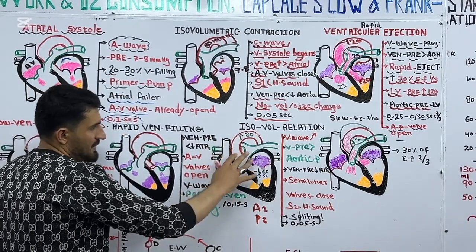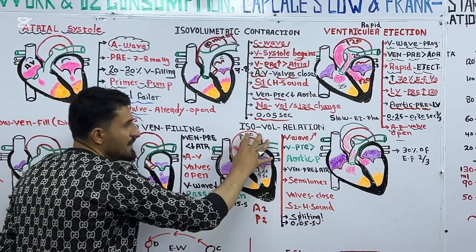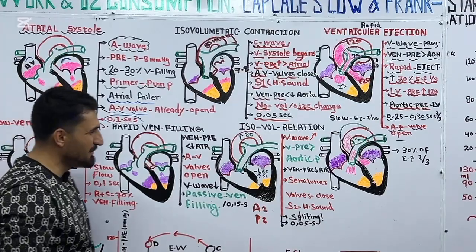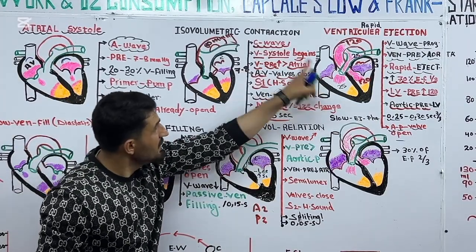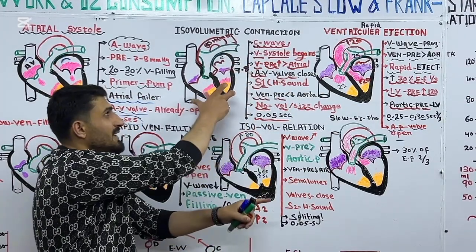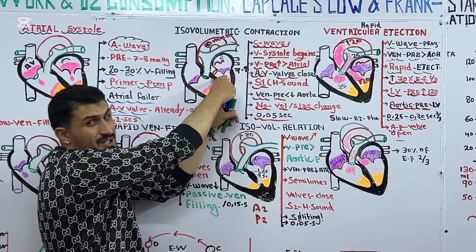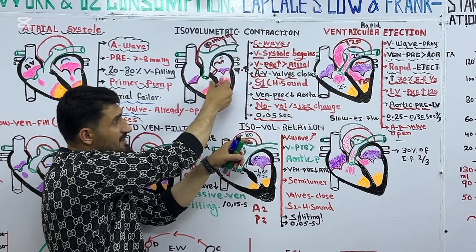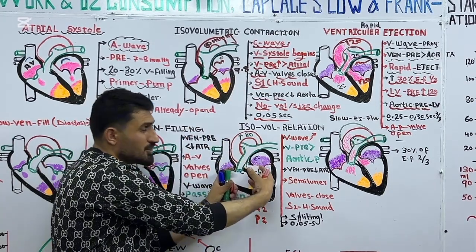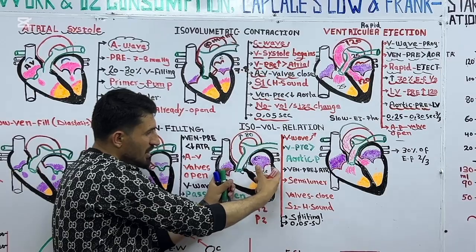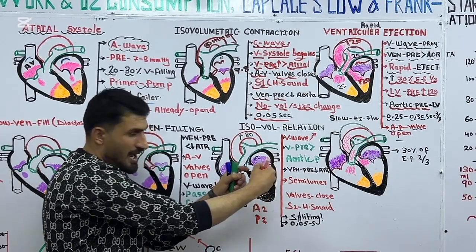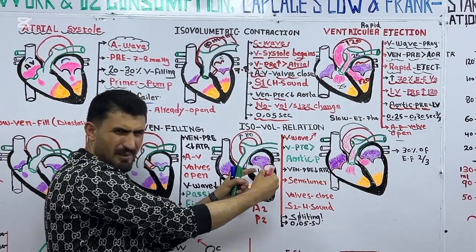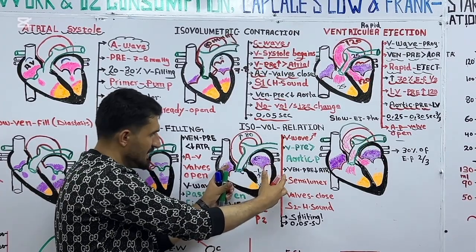Now this phase is called the isovolumic relaxation phase. Why is it called isovolumic relaxation? Because earlier it was isovolumic contraction, the heart was in systole, and there was no change in volume or in the size of the heart. Here the heart is in relaxation, so there is no change in the diameters or the length of the myocardium, though there might be a slight change because it's diastole.